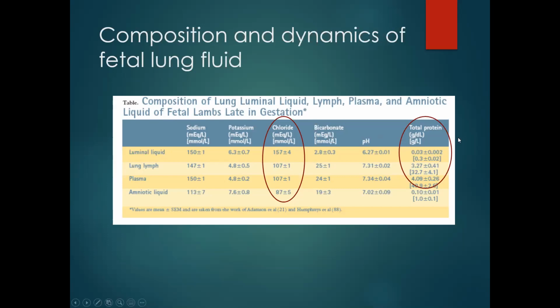Also, along with chloride, the protein is also massively different. The luminal fluid in the airspace has very little protein compared to plasma, okay? So if you think, water follows protein as well, but it's the overwhelming effect of the chloride pump that predominates over this shift in the oncotic pressure due to the protein.